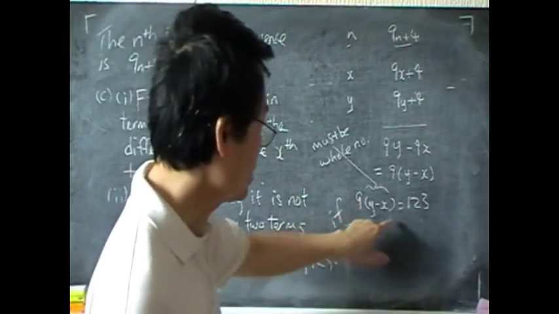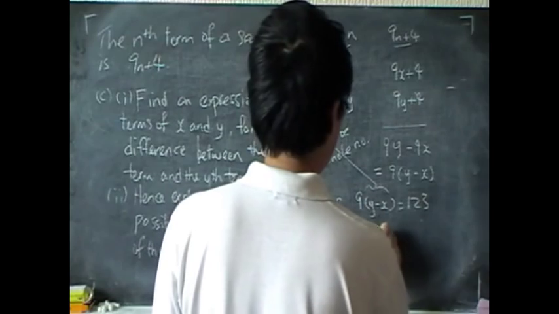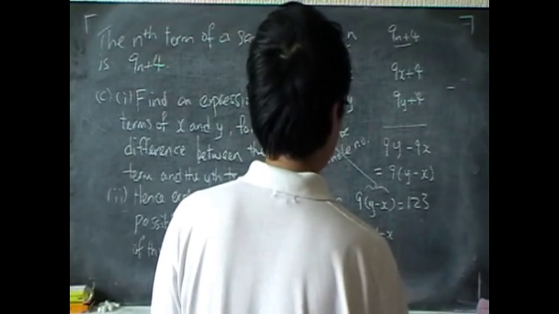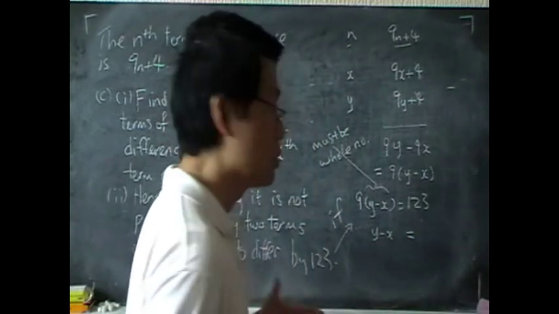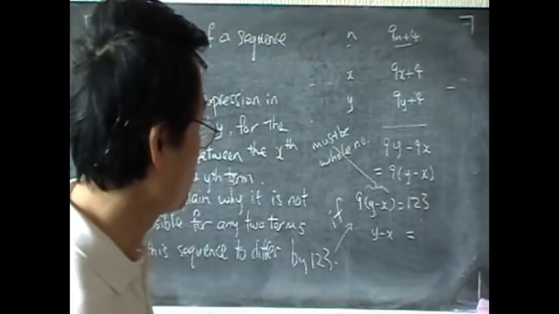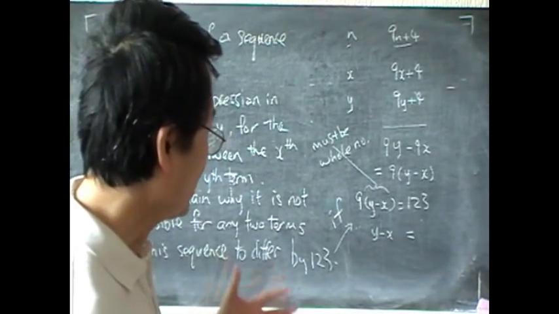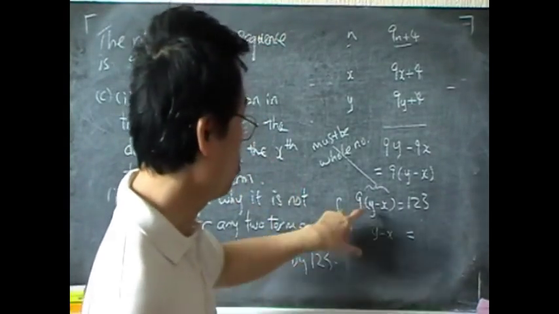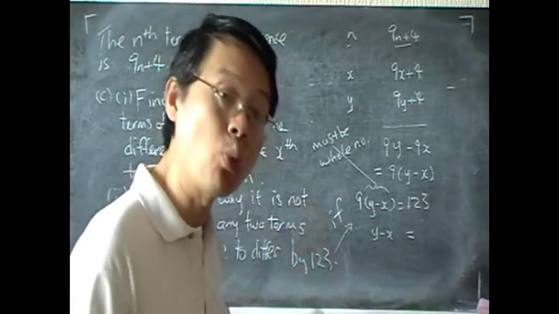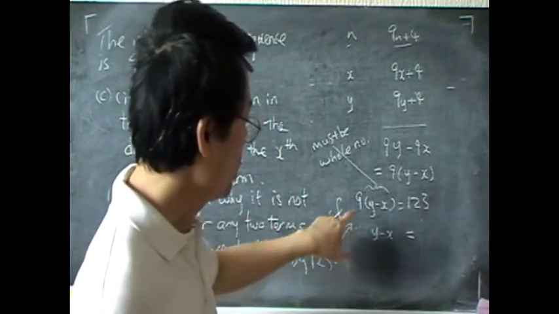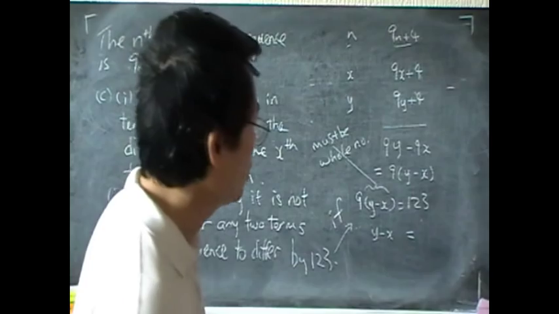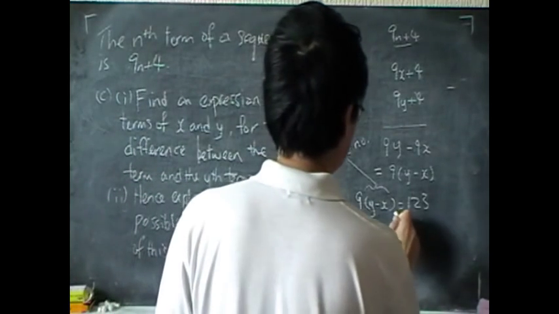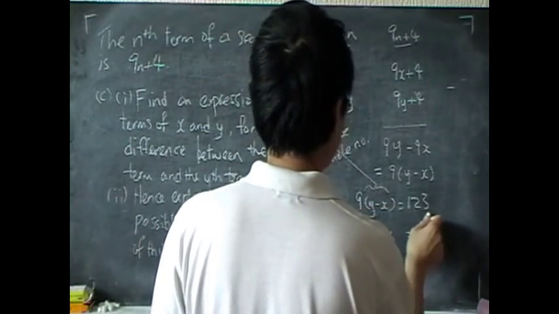Then we can solve this equation. Alright, we can divide both sides by 9.